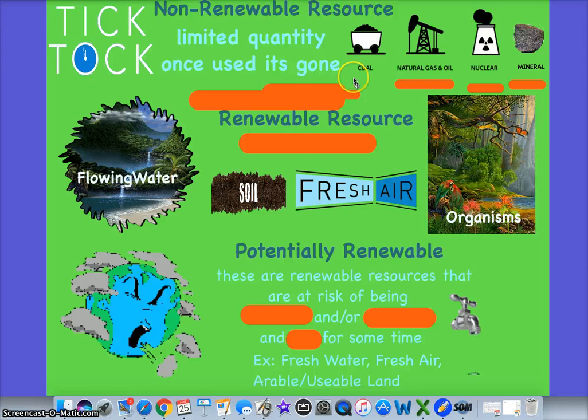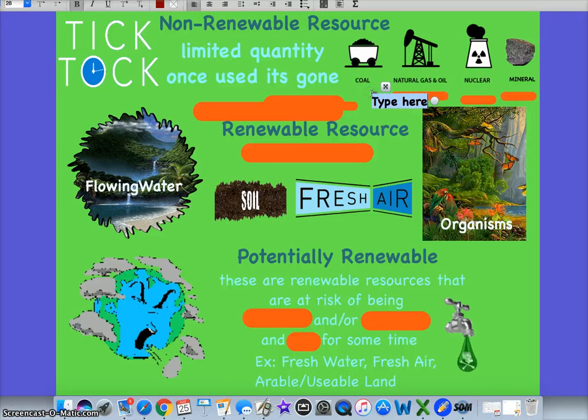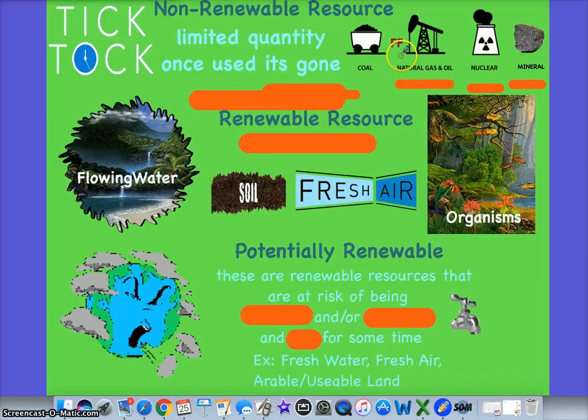Anybody know what we call coal, natural gas, and oil in one word? Fossil fuels. So we could call them FF, and when we talk about burning them, we say BFF. So our fossil fuels are right here, and you could draw little arrows to each one because they're all fossil fuels. So fossil fuels, nuclear, and minerals are considered non-renewable resources.